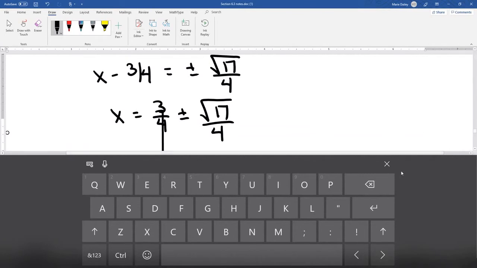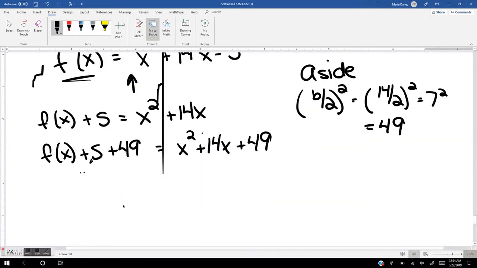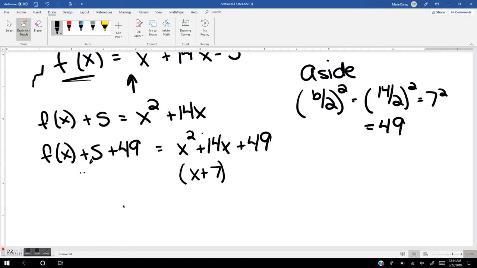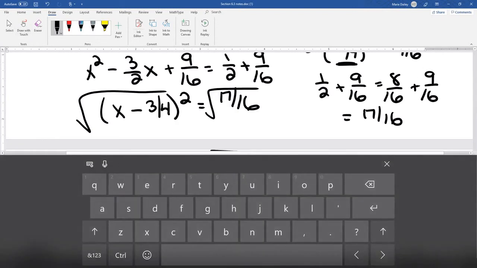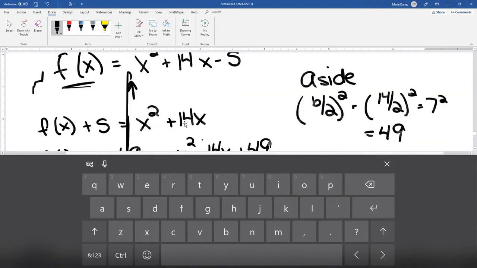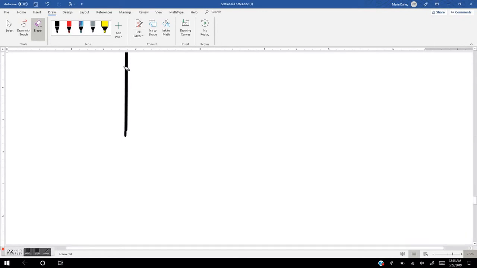As we then look at this, the x squared plus 14x plus 49 is in fact going to be factorable. That'll then go ahead and factor into x plus 7 squared. And then on the left-hand side, that's just f of x plus 54. Now, rewriting this, I'm going to go ahead and subtract 54 over to the other side.